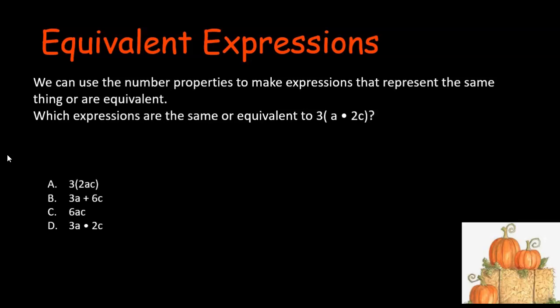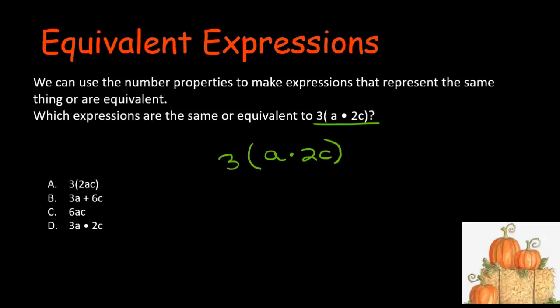So this equation, 3 times the product of A times 2C. So we're going to use the distributive property. 3 times the product of A times 2C. So here's where we have variables.